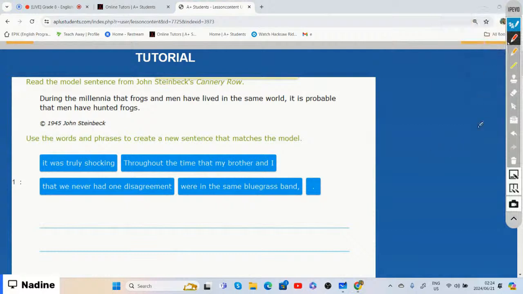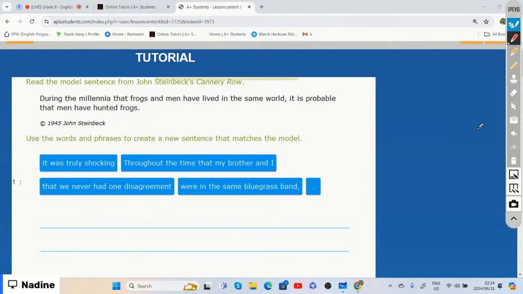All right, so it says, during the millennia that frogs and men have lived in the same world, it is probable that men have hunted frogs.